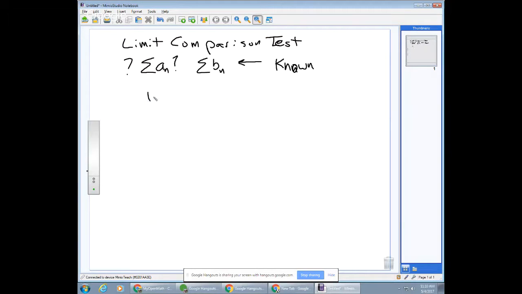And the theorem I went over is that if the limit as n increases of the ratio of their terms goes to some positive finite number, then the series both converge together or diverge together, okay?